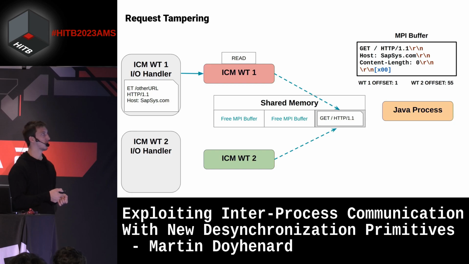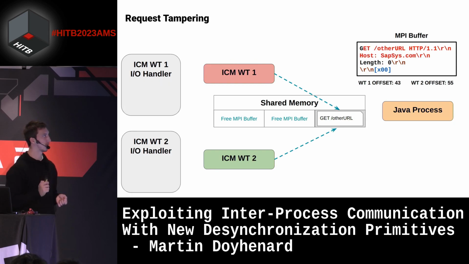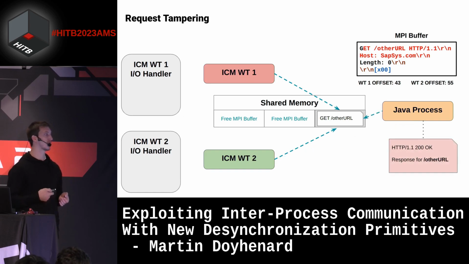So actually, we are going to be able to tamper anything from the first byte. In this case, we can modify the behavior of the request from the victim that will be sent to the Java process. The Java process will generate a response, but this response is related to the thing we tampered, to the new request. So we can do the same as we did with the previous vulnerability. We can modify anything we want and generate a response out of the new request.